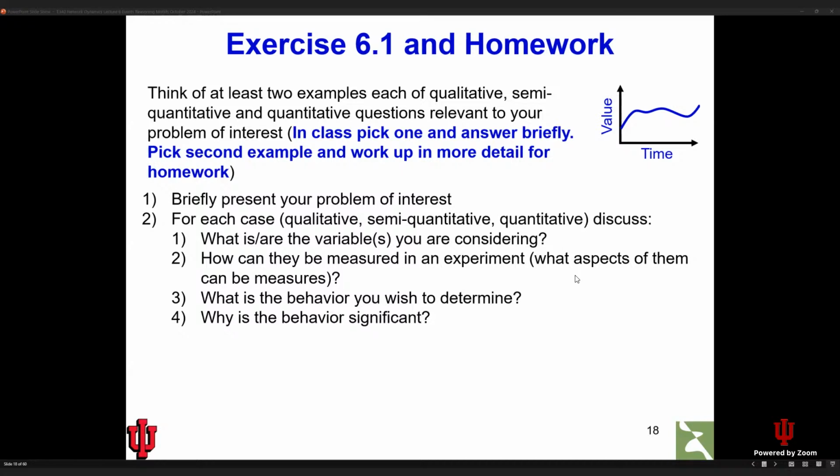Like there are plenty of graphs we need to draw. Like if we change the amount, if we change the concentration, what would the values change? Is that the quantitative questions? Well, that would be a quantitative question.